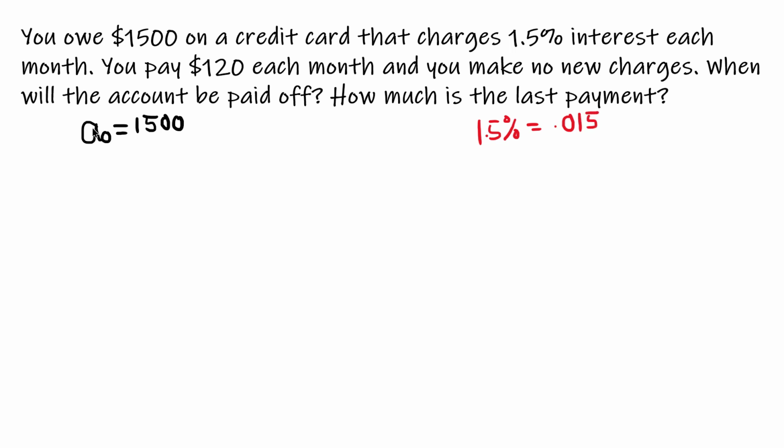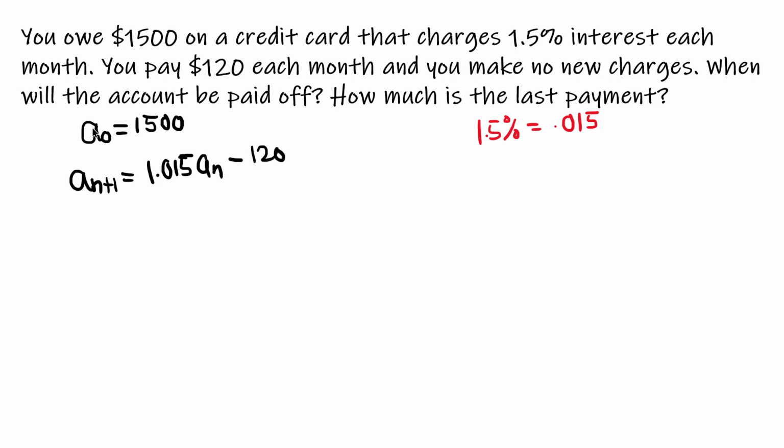Okay, so AN is the monthly balance. Then the balance in the next month, AN plus 1, is the balance in the previous month, AN, plus interest earned, 0.015. So 1 plus 0.015, that is 1.015 of AN, and minus, so you pay $120 each month.